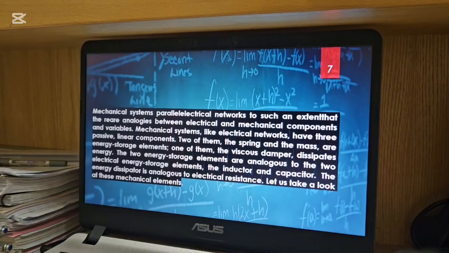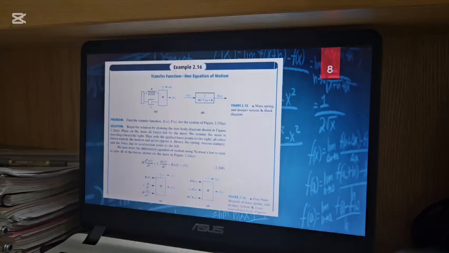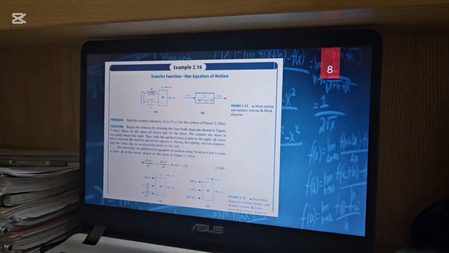We will see this example to see clearly the mechanical components. Here we have the spring, with K, which is the stiffness of the spring. We have the viscous damper, and we have M, which is the mass.